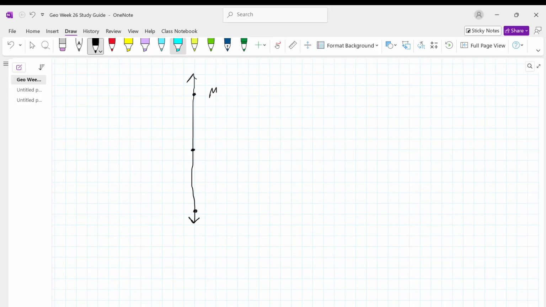We've got points M, K, and J. You've got another ray coming out of K that goes through N, and one more ray that comes out of K and goes through L.